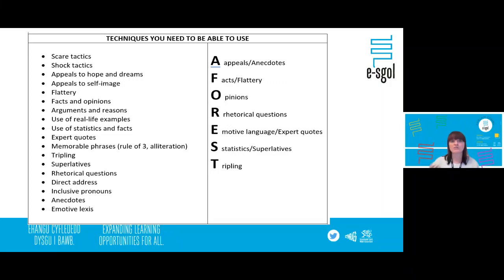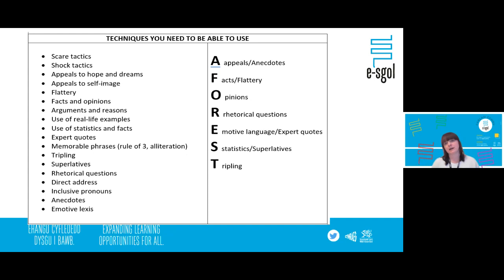Trying to bring in real life examples is often very effective. Bringing in expert quotations, the chairperson stated, that kind of thing. Memorable phrases, using a technique such as rule of 3, alliteration, using inclusive pronouns, so the idea of, you know, we together, we can, and ensuring that you do include that emotive lexis.